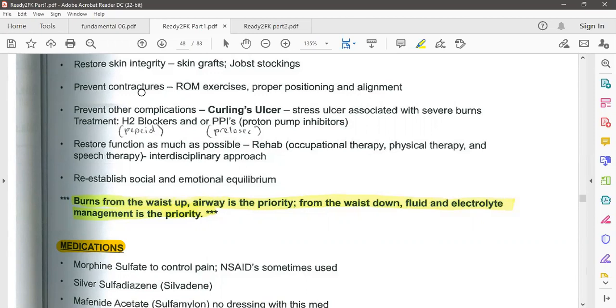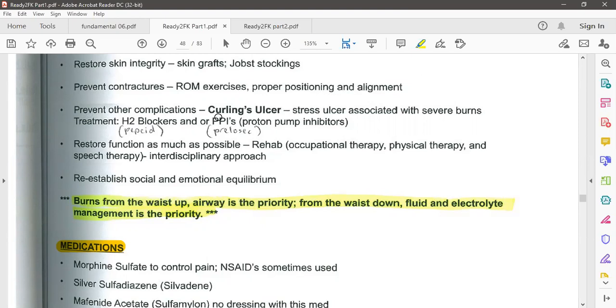Also, we should prevent contracture. How can we prevent contracture? Just give them some exercise. Range of motion exercise is part of the activities. Proper positioning is important, and maintain proper alignment. And prevent other complications, like Curling ulcer.